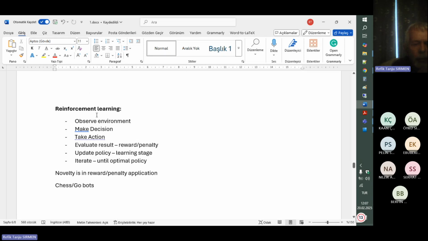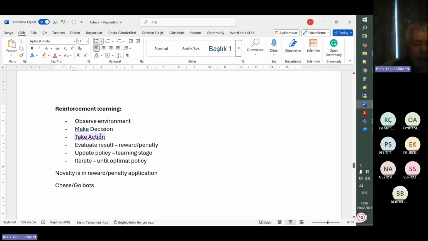We just observe the environment, and based on the environment, which is the input all around, it can be anything, we just make decisions, okay? This is this and this is that. And based on these decisions, we just take actions, apply these decisions, okay? And then we evaluate the result.